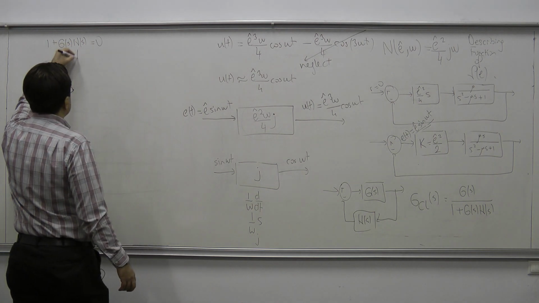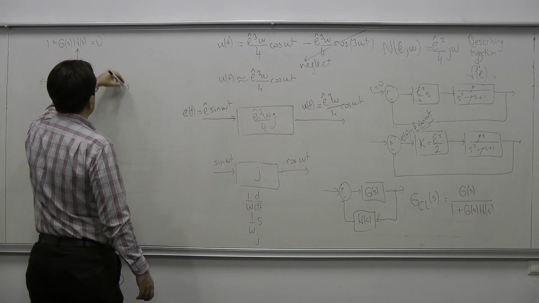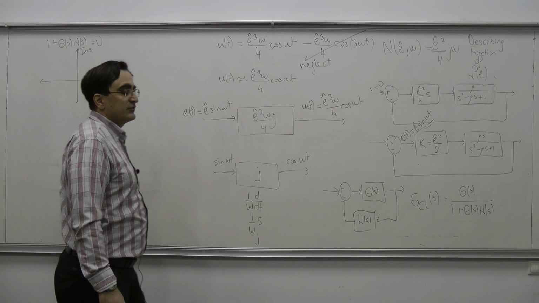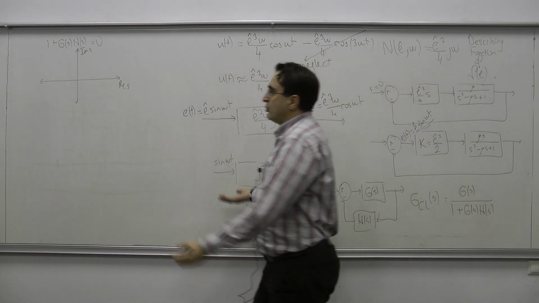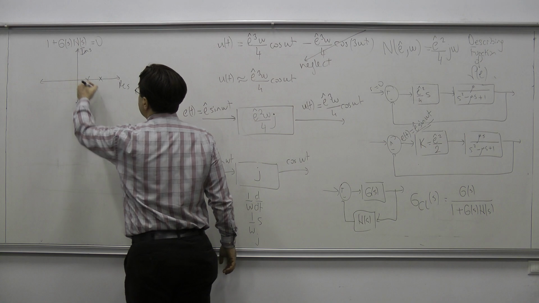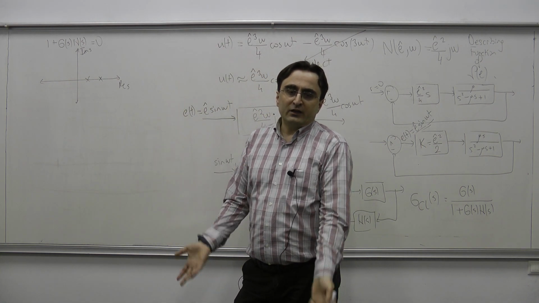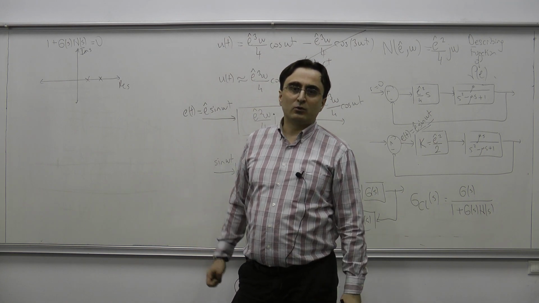So if we want the system to display sustained oscillations, what type of criterion should be satisfied by the closed loop poles? Can the closed loop poles be real? If the closed loop poles are real, that means that we don't have any oscillations. Everything is either decaying or growing.